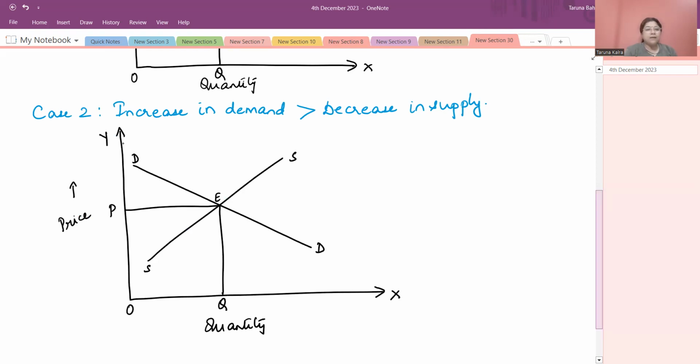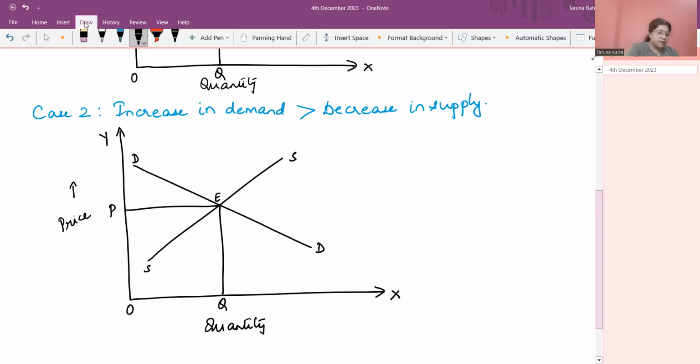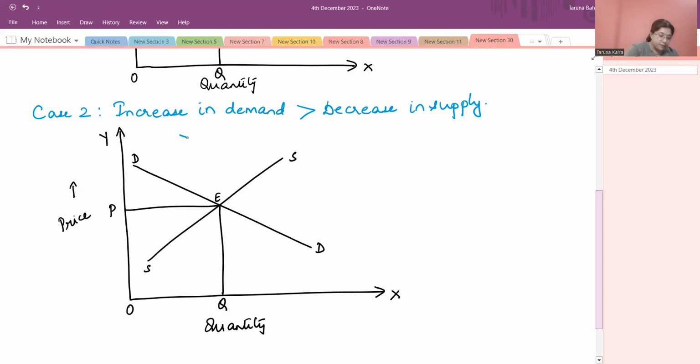Now here, beta, in the second case there is an increase in demand, and this increase in demand is greater than the decrease in supply. When demand increases, the demand curve is going to shift rightward, and it is shifted to D1, D1. So this is shown as an increase in demand.